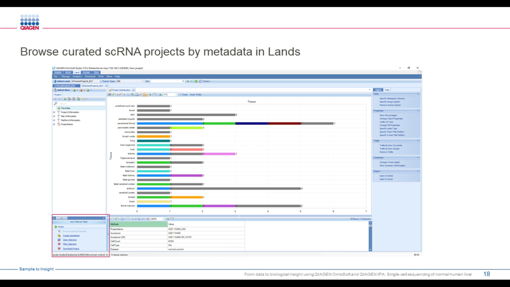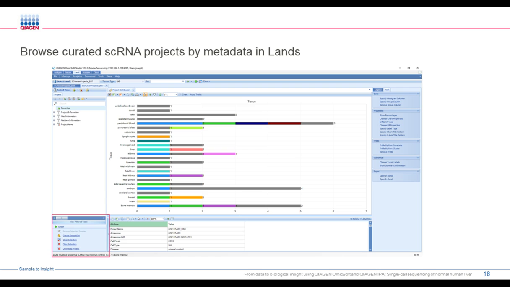So within the Land framework that you see here, the way you would find a new project of interest is simply to browse the available projects showing here. On this bar plot, you can see that in this case, we've broken down the different projects based on the main tissue of origin. We're looking at liver here for our cases.